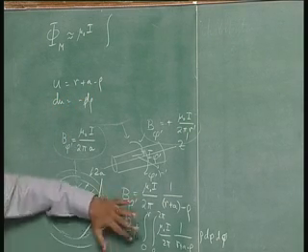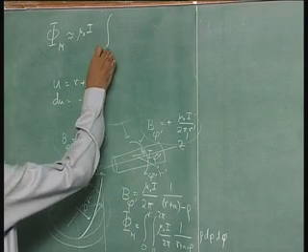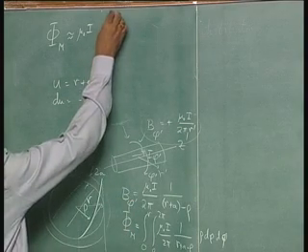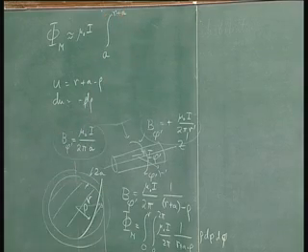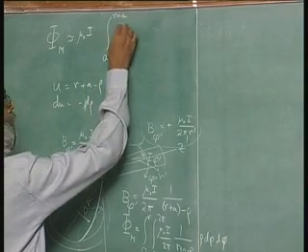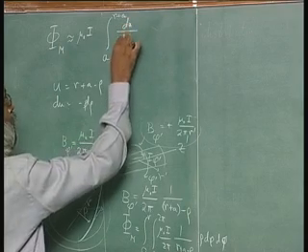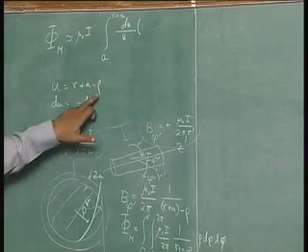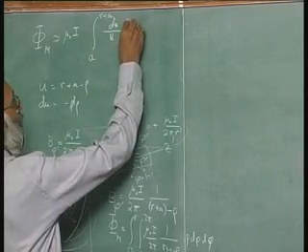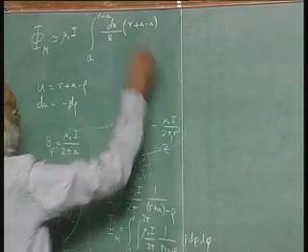So, I will just flip my limits of integration. I will get a to r plus a, du over u times rho. What is rho? Rho is r plus a minus u.